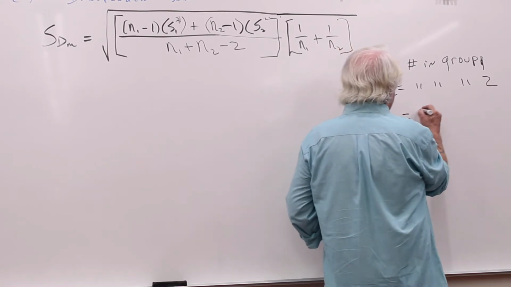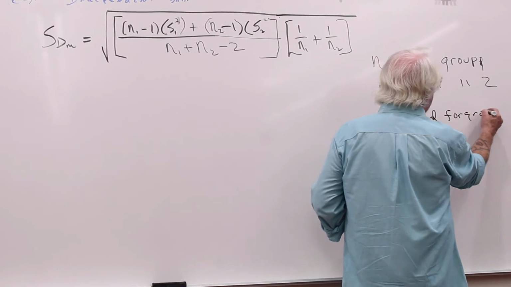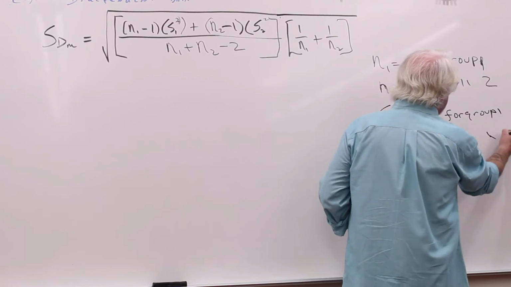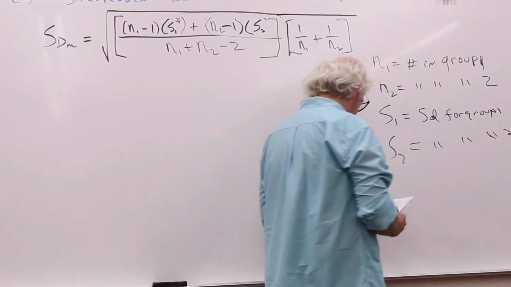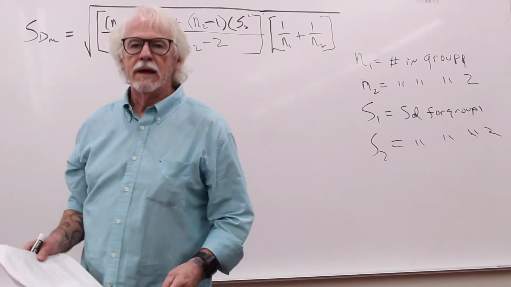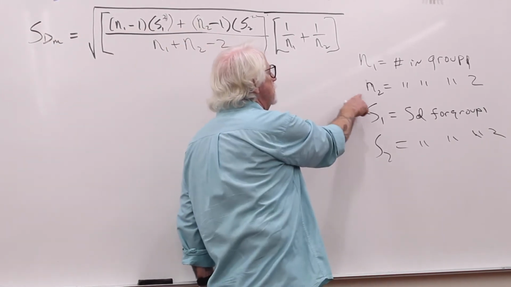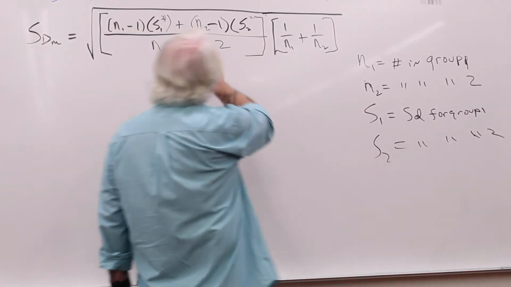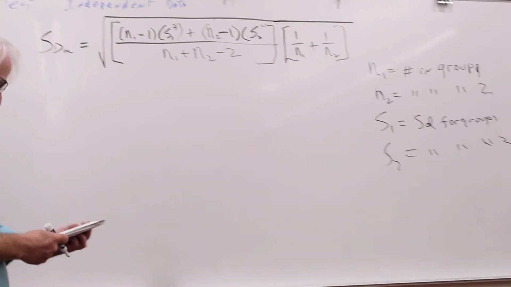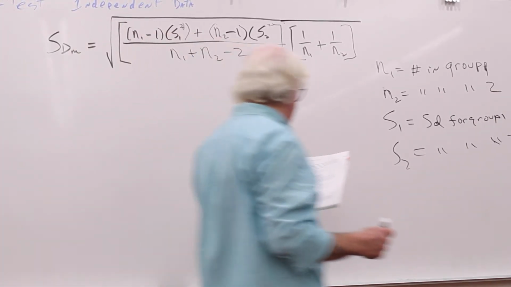S1 is the standard deviation for group 1. All right. N1, N2, S1, S2. That's all you need for this. You probably already figured it out from doing something else along the way, right? But for us tonight, we're just going to give it to you to make it easy.